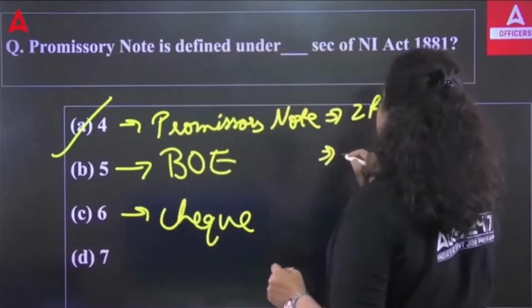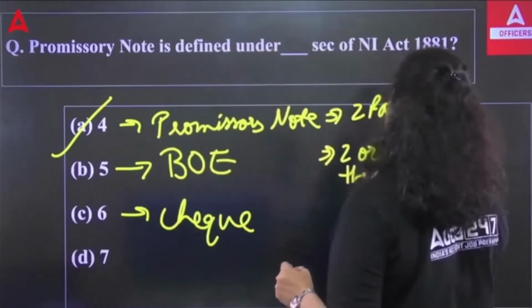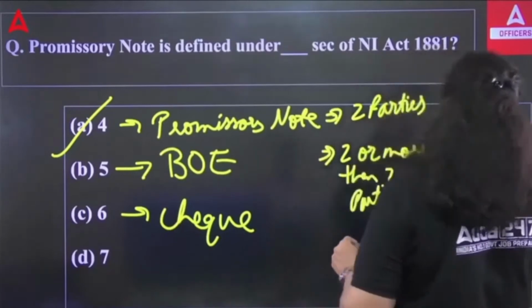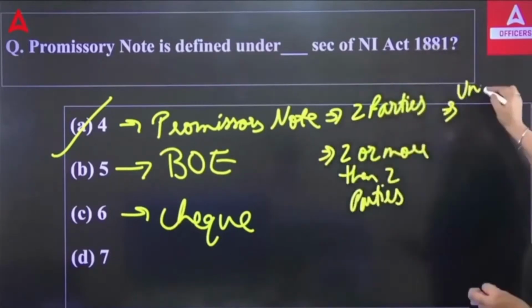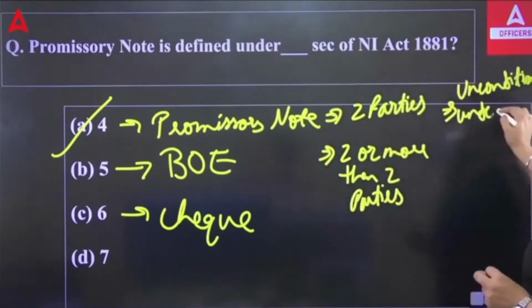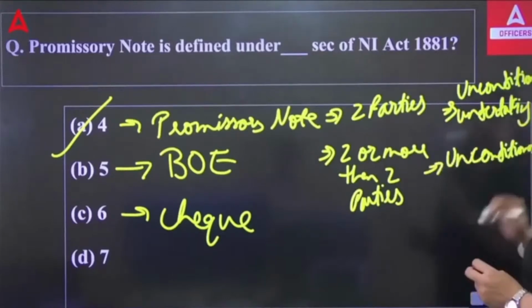In bill of exchange, two or more than two will be involved. The next difference is that in the promissory note, there is an unconditional undertaking, and in case of bill of exchange, there is an unconditional order.